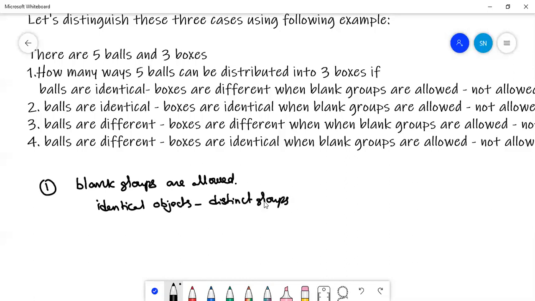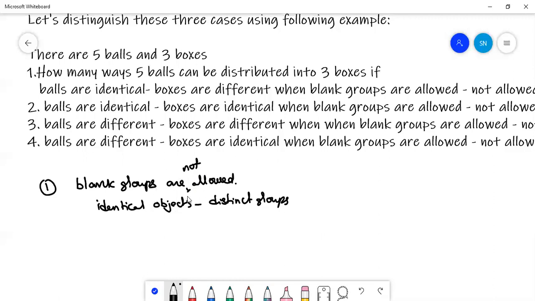When blank groups are allowed, this is nothing but non-negative integral solutions. When blank groups are not allowed, that would be easy in the first case.